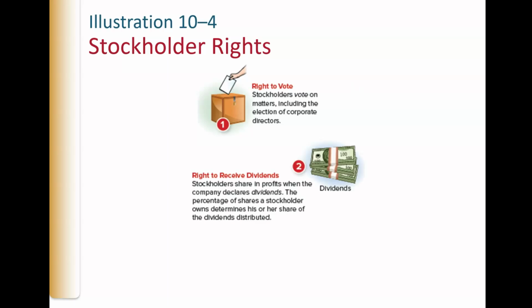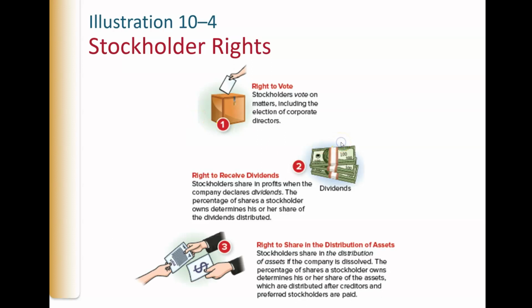They also have the right to receive dividends. This does not mean the company has to pay dividends, only that the stockholder has the right to receive dividends. They have a right to share in the distribution of assets. If the company is dissolved, after all debts are paid, whatever's left gets distributed to the stockholder in the percentage of ownership that they hold.